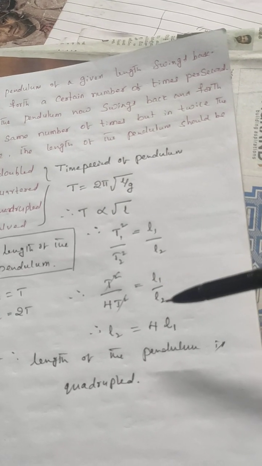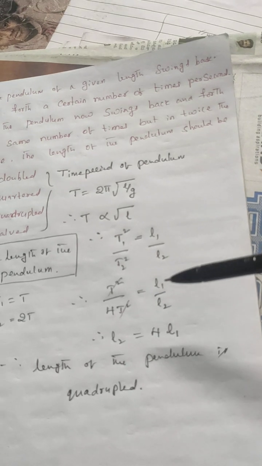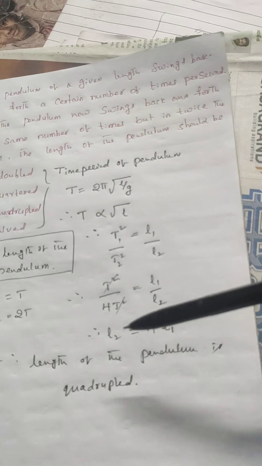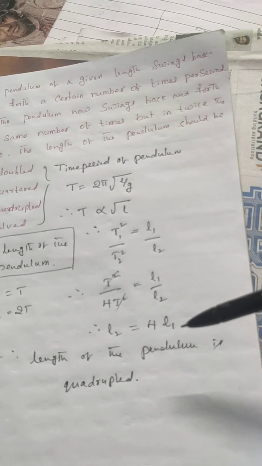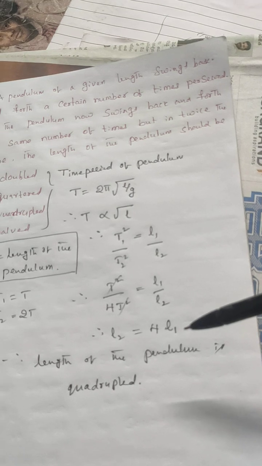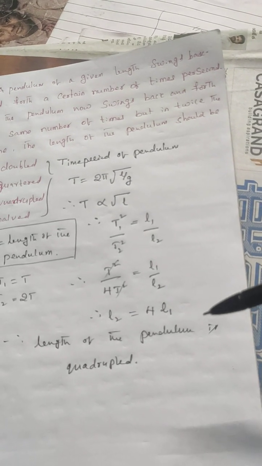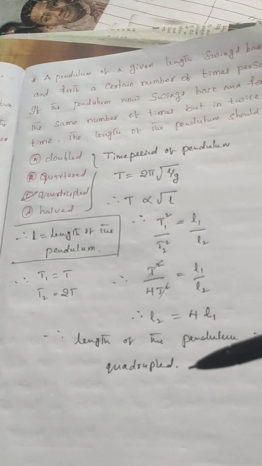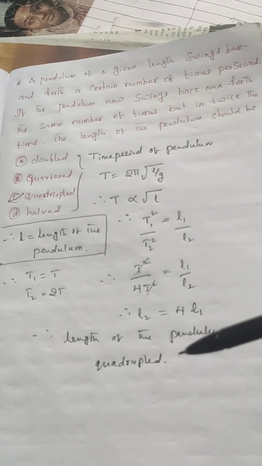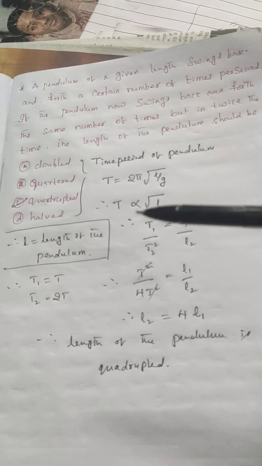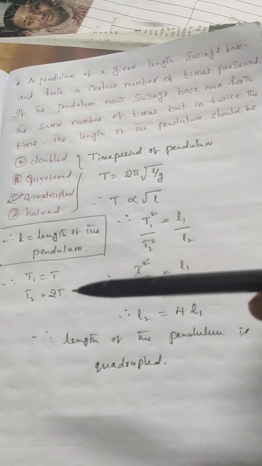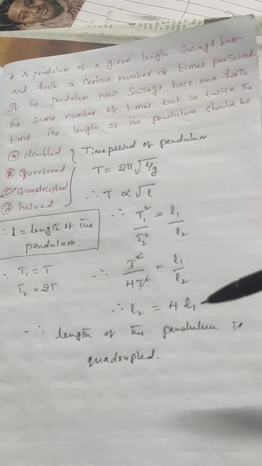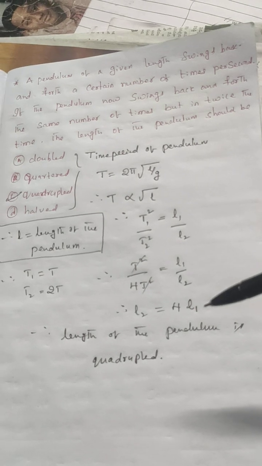L1 by L2, cross multiply: the 4 comes to this side. That means L2 is equal to 4 into L1. Here the length of the pendulum is quadrupled, which is the third option. Whenever we take the pendulum time period twice, the pendulum length is 4 times more compared to the first length.